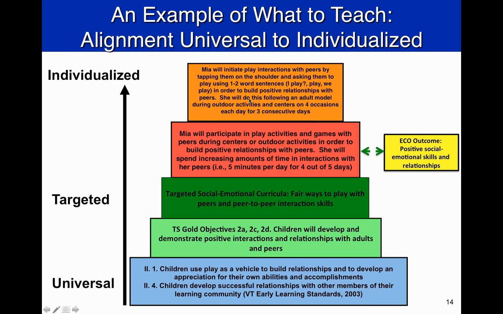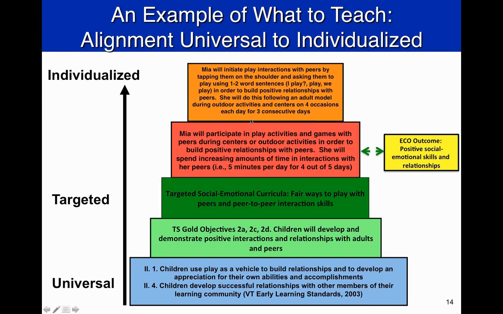And then at the top level, we see an individualized IEP goal for a young child named Mia, and we show how the content of her learning, her goal, instructional goal, her what to teach, aligns with what it is that other preschool children are learning or are able to do.